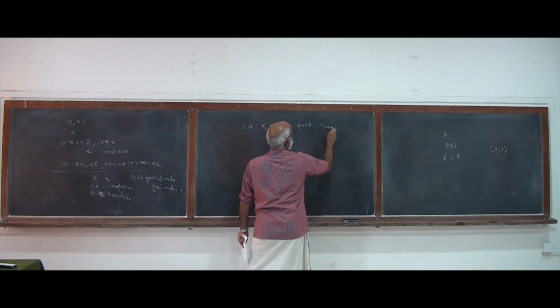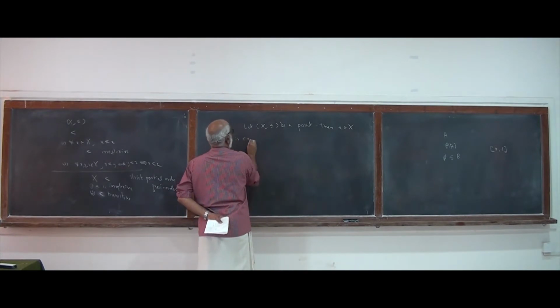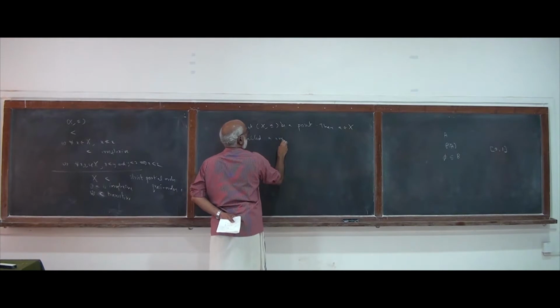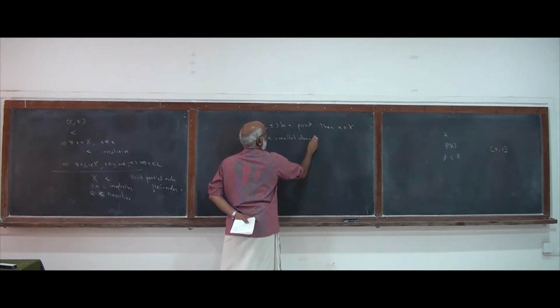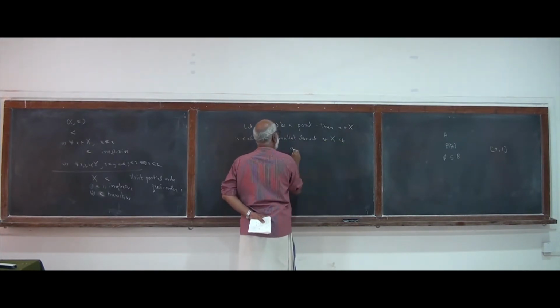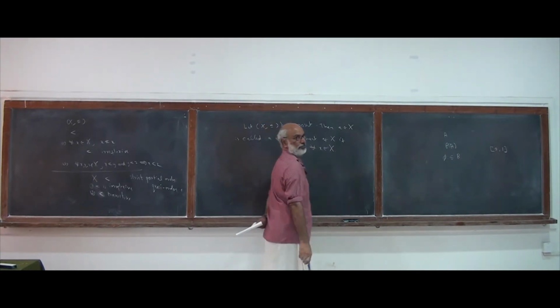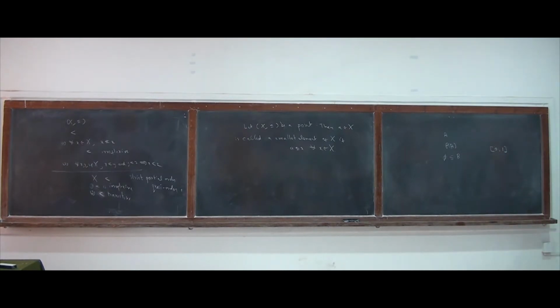Then an element a of x is called a smallest element of x if a is less than or equal to x for every x in X. Such an element is called a smallest element.